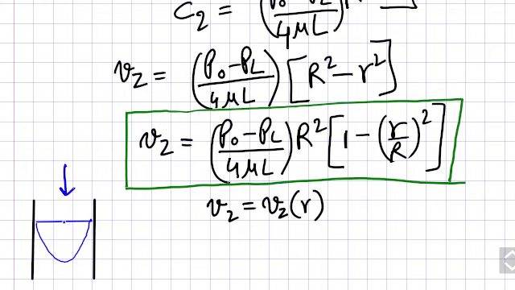Along any horizontal line, you will see that at the center the velocity is maximum, and after that it decreases in a parabolic form, and at the wall it will be 0. This is called the velocity profile in a tube, and the flow is laminar, steady state, and Newtonian fluid. These things are to be remembered.